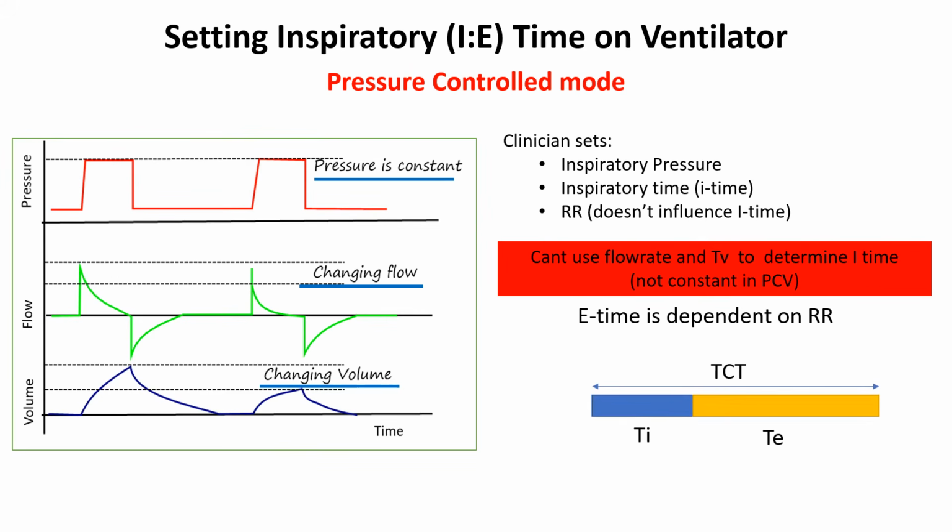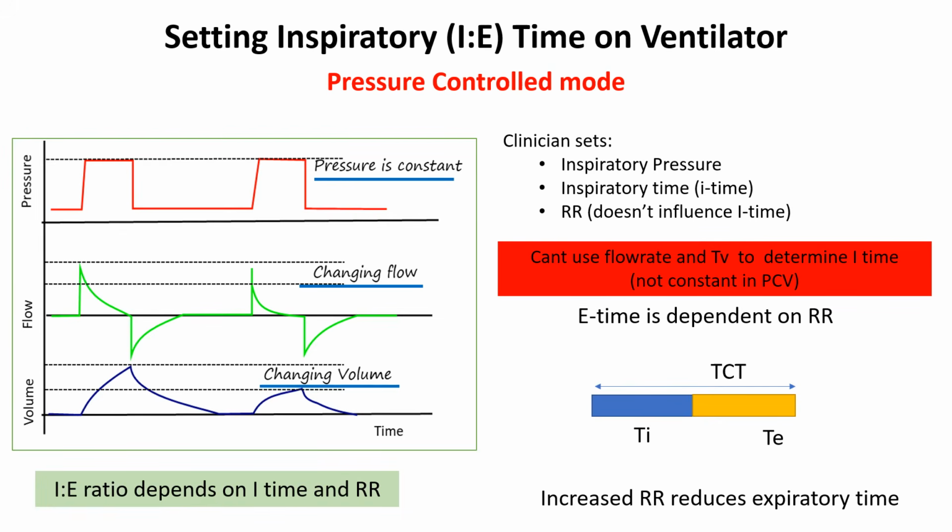As we have seen, respiratory rate determines the total cycle time and thus influences the expiratory time. If the total cycle time is low, expiratory time also reduces as inspiratory time is fixed by clinicians. Thus, I/E ratio in pressure control ventilation is determined by inspiratory time and respiratory rate.